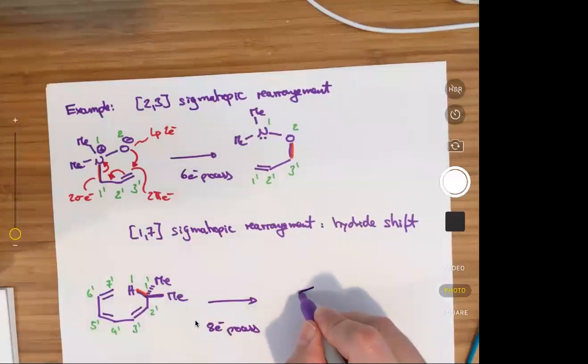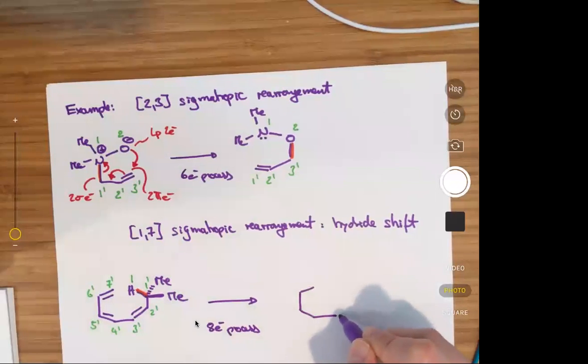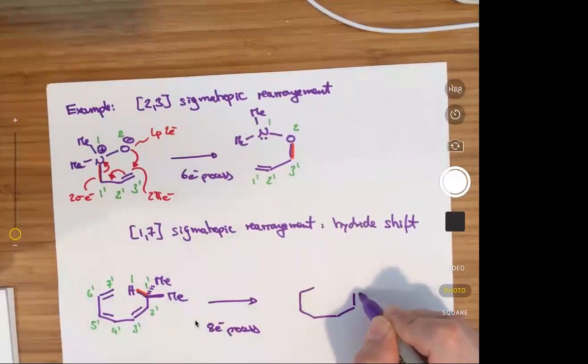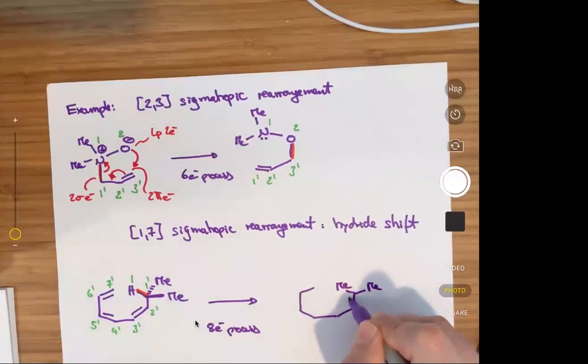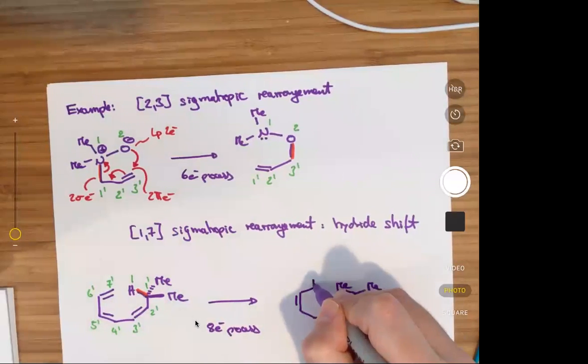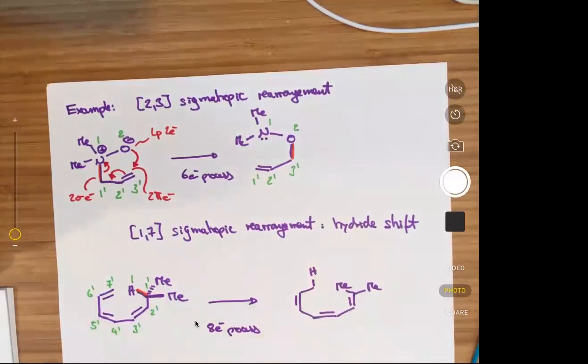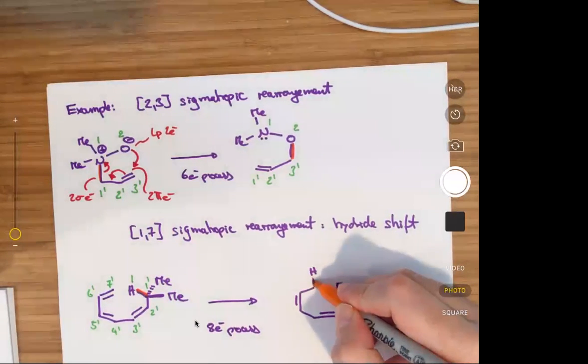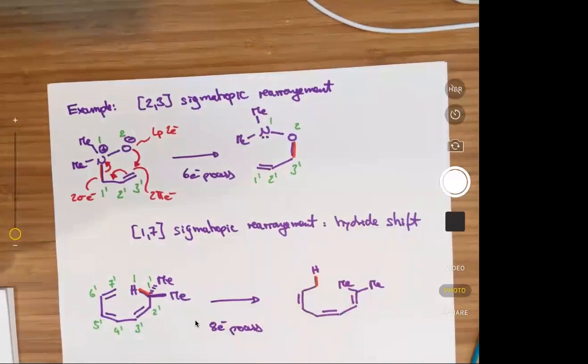So if we draw this out, then you have something that looks like this. And then here you have your hydrogen. So the sigma bond that you shifted now is this one here between the carbon and the hydrogen.